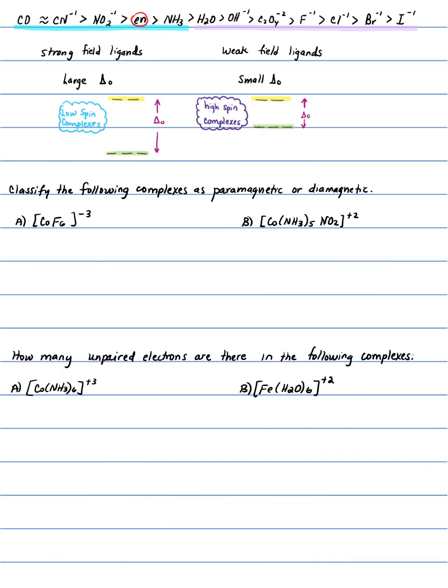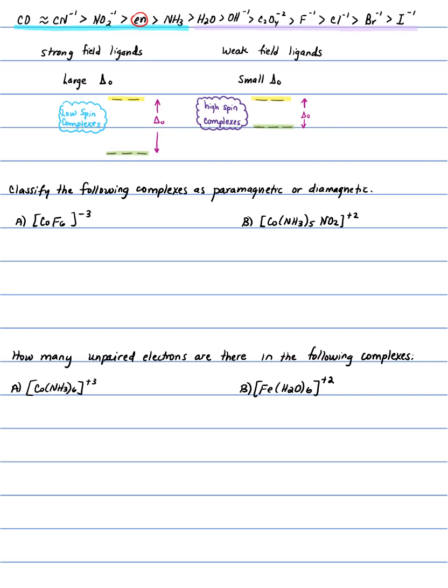So here we have some other problems. You can be asked to find out how many electrons are unpaired, or if you have any unpaired electrons in a specific complex. You can be asked to find out if your complex is going to be low spin or high spin, or you can be asked to identify a complex as paramagnetic or diamagnetic.